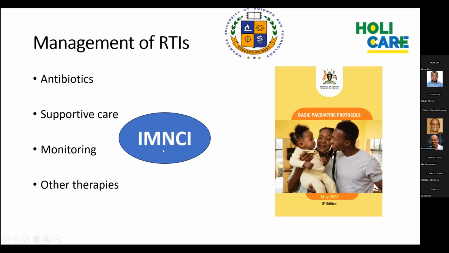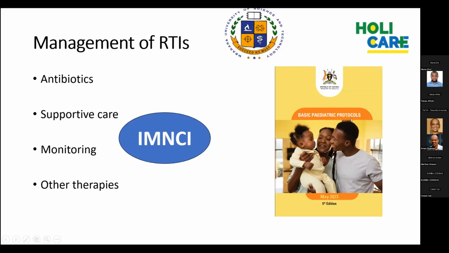In the advanced centers and tertiary hospitals, they have more specific protocols that have been modified from the IMNCI or other hospital protocols. Right now, in Uganda, we are going through a process of reviewing protocols for the emergency triage and treatment of acutely ill children and newborns.